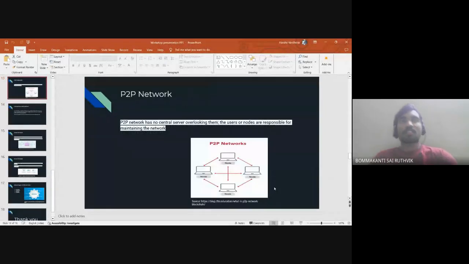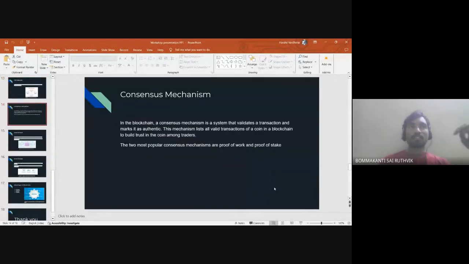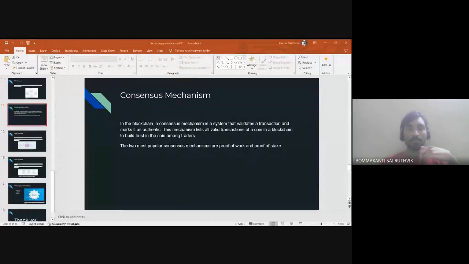What's a consensus mechanism? Let's say you have five nodes, each with a copy of the same blockchain.